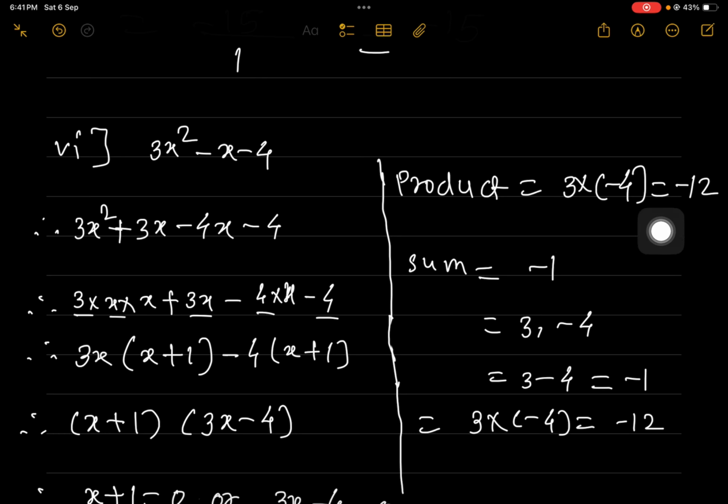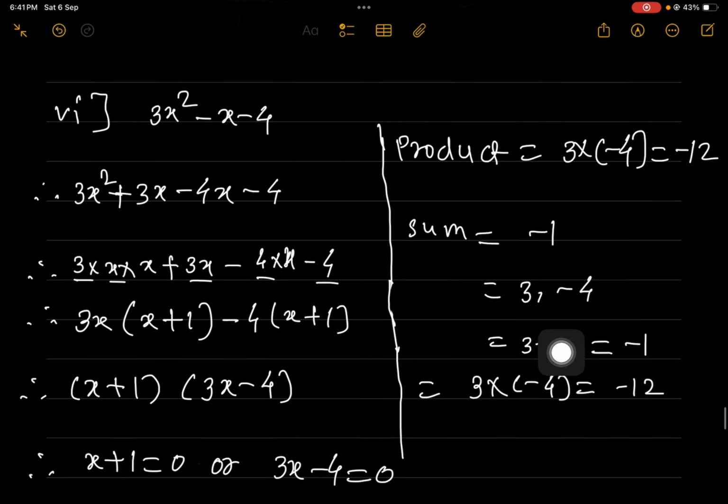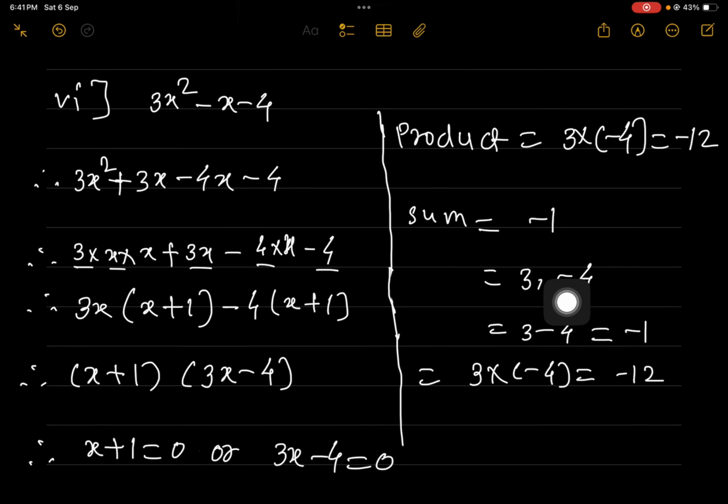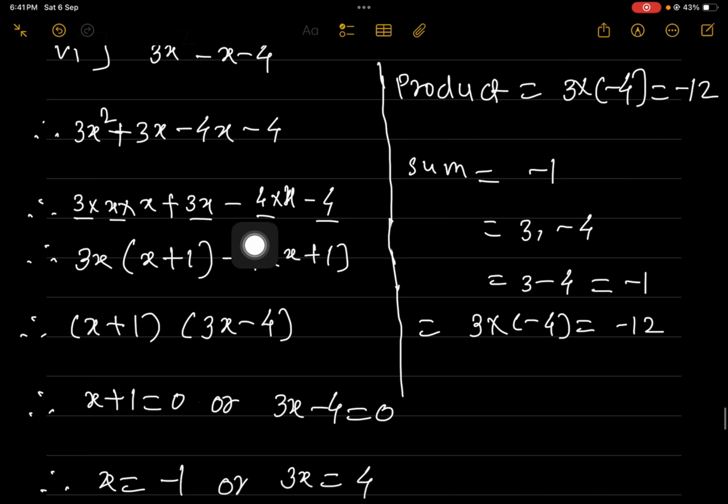The product should be minus 12 and the sum should be minus 1. Then we can split this middle term. So 3 and minus 4: adding them gives minus 1, and 3 into minus 4 is minus 12. These two numbers. So instead of minus x, we can write plus 3x minus 4x.